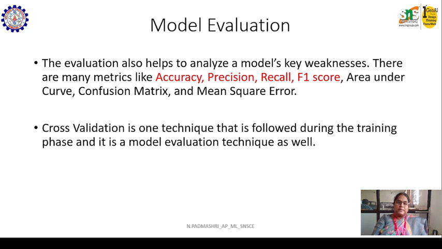There are some metrics, or measurements, like accuracy, precision, recall, and F1 score, with which we evaluate the model performance. And one popular technique is cross validation, which is mainly used during the training phase, and it is a model evaluation technique.